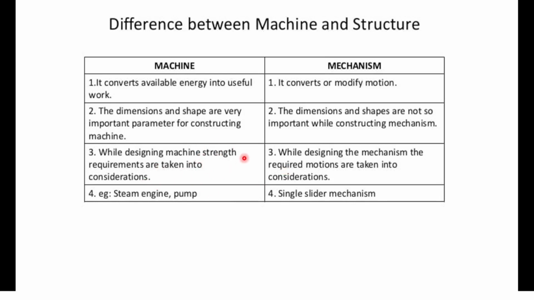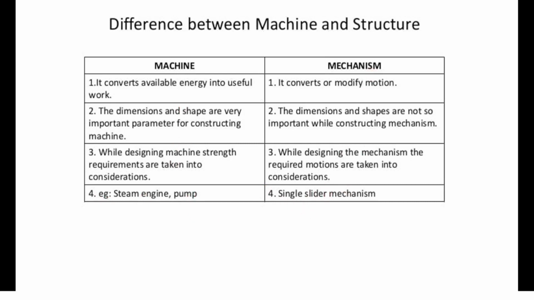We have seen that in the first slide itself: if we are going to design according to kinetics, then this characteristic, the strength, comes in. While designing a mechanism, the required motions are taken into consideration but not the forces, right?